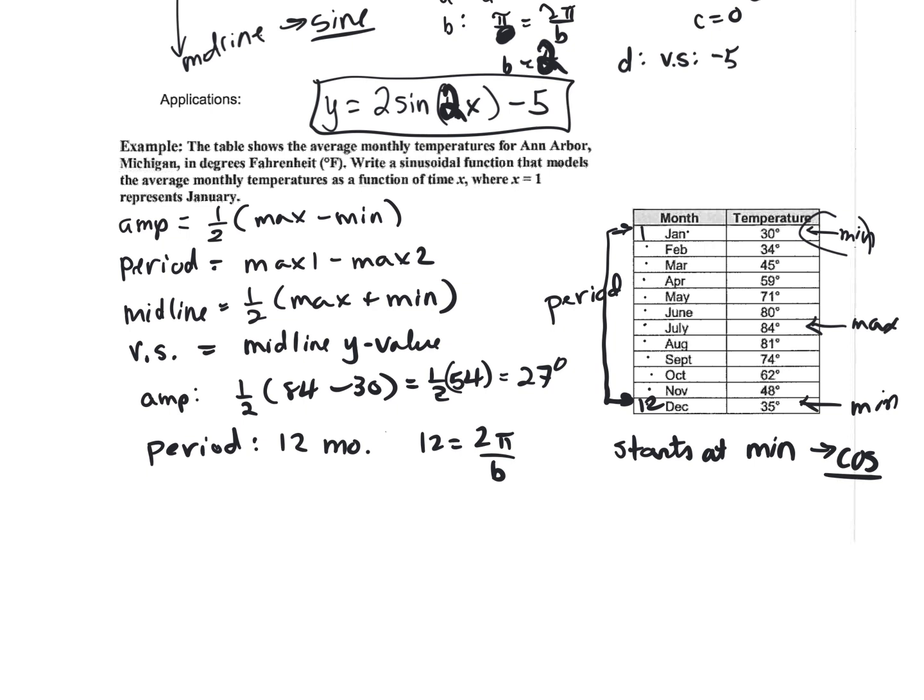As a matter of fact, it's really kind of negative cosine, isn't it, if it starts at a minimum. So 12 equals 2 pi over B, so 12B equals 2 pi, divide both sides by 12, and we get B is pi over 6.